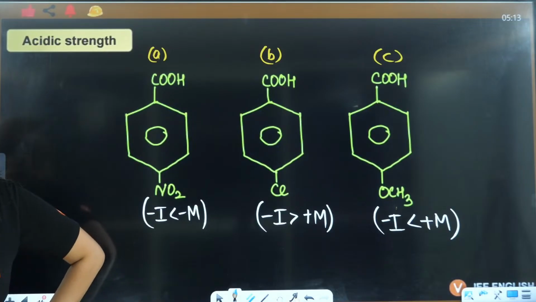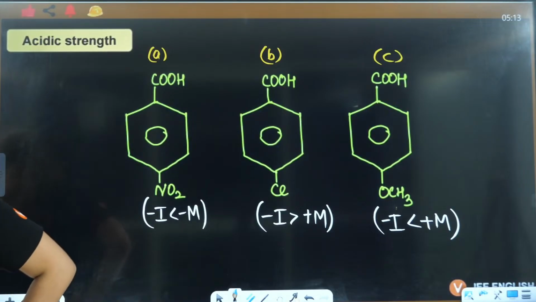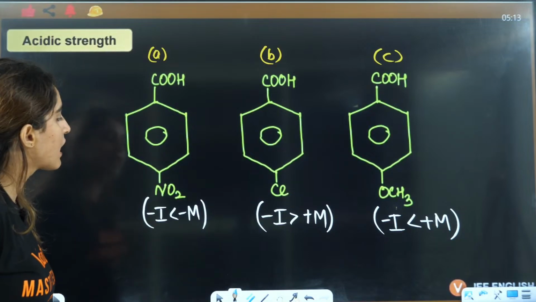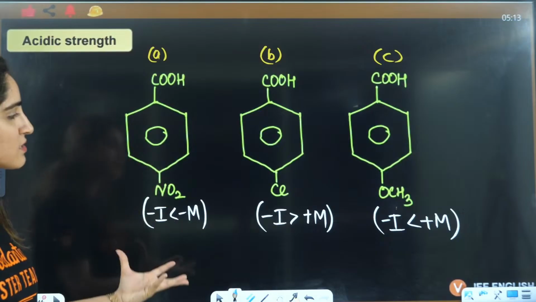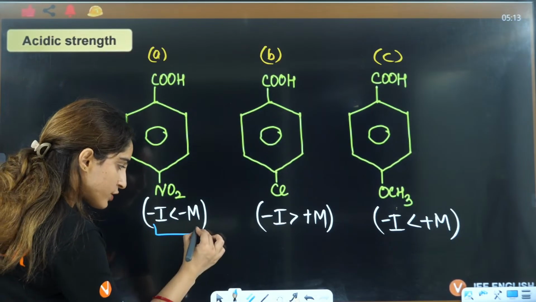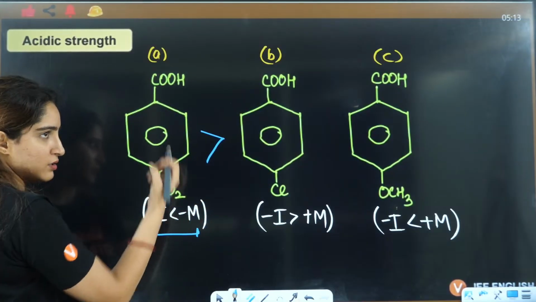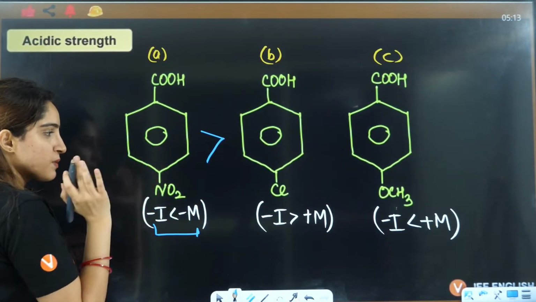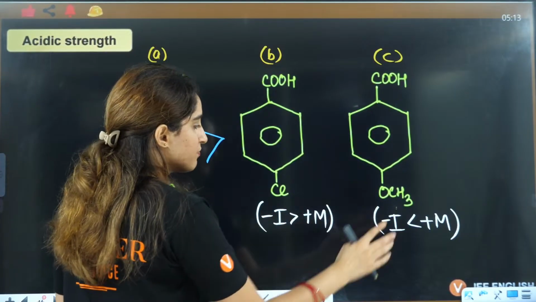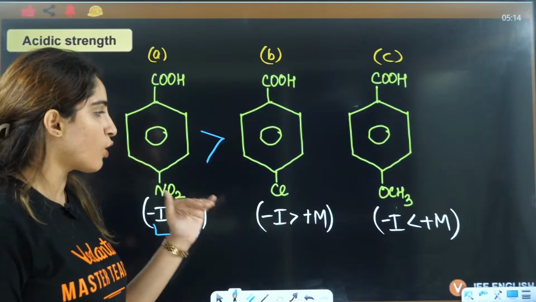Now tell me which will be more acidic, right? Yes, everybody, tell me which will be more acidic. To increase the acidity, we need electron withdrawing. So this has both electron withdrawing, that means it will be most electron withdrawing, so maximum stable. Here you have minus I and plus M. Here minus I is more dominating.